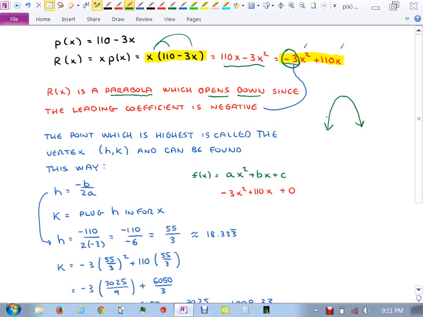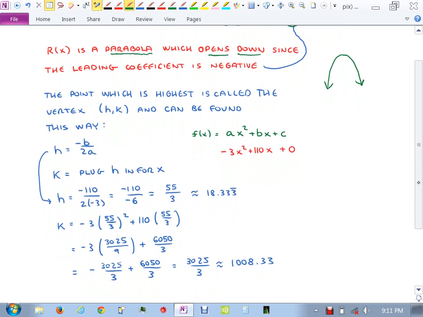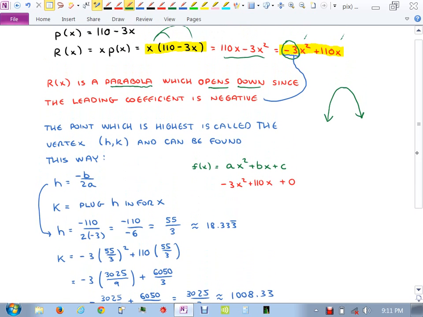Now, before I even try and look at the graph and pick which one it is, I'm going to find what's called the vertex of the parabola, which would be this highest point here. That vertex can be found using a formula. I'm going to call that vertex the point (h, k). That's the common terminology, or the common letters we use to represent that point.